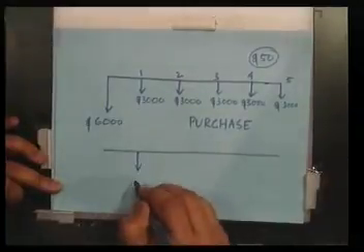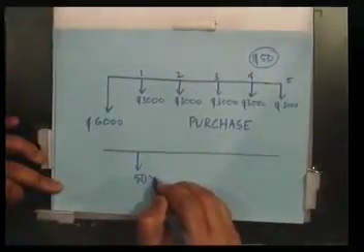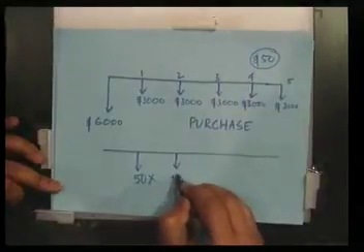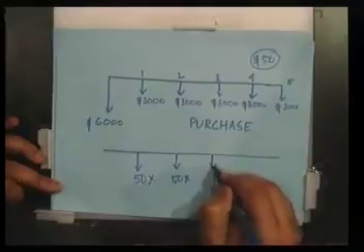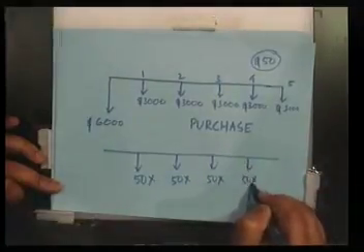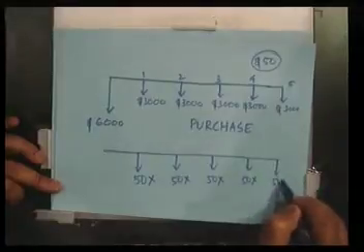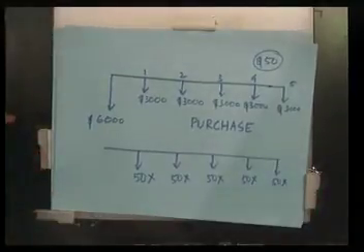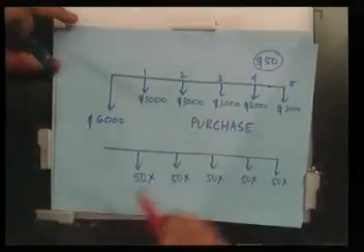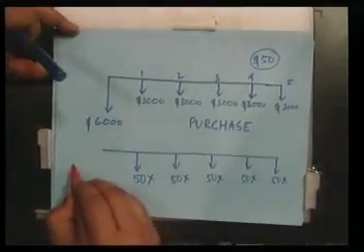So, your total cost would be 50x. Here also 50x. And finally, here also 50x. Now, you are given that MARR is 20%.